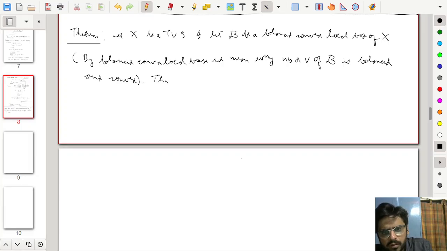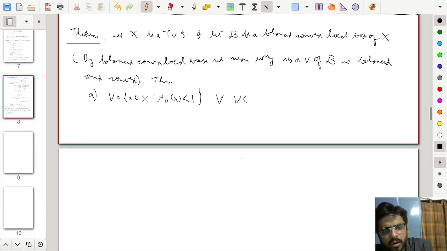Then we have two assertions. The first assertion tells V is equal to all those x in X such that mu V of x is strictly less than 1.